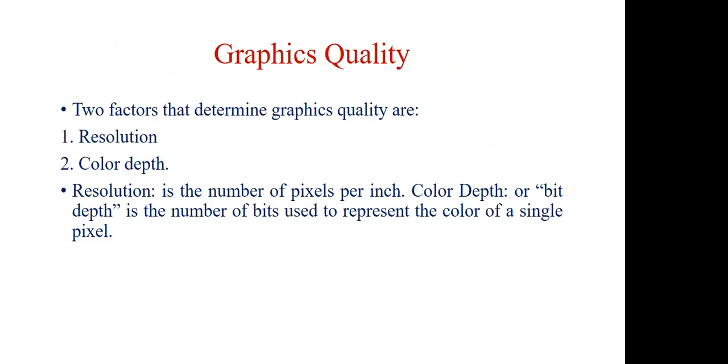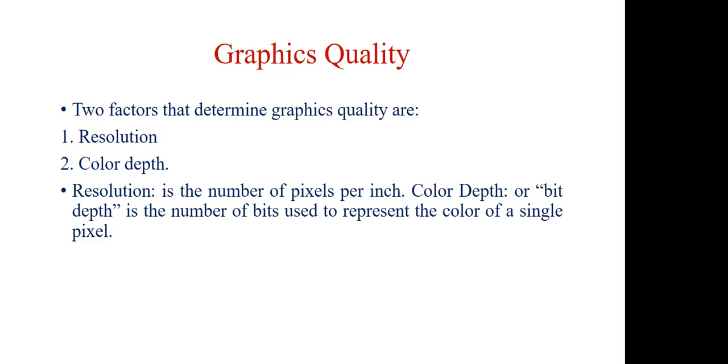Now we discuss graphics quality. Two factors that determine graphics quality are resolution and color depth. You must have heard of these factors. Resolution is the number of pixels per inch. If there are more pixels per inch on the screen, that will be a very high definition image.